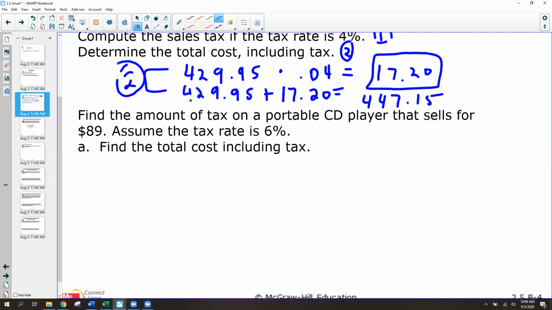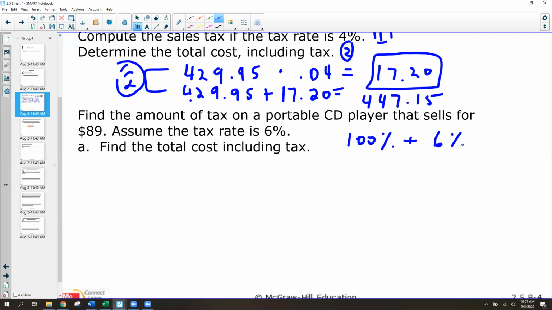So the idea here is that when I pay for something and tax, what I'm paying for is 100% of the cost of the thing, right? Plus whatever the sales tax is. Does that make sense?